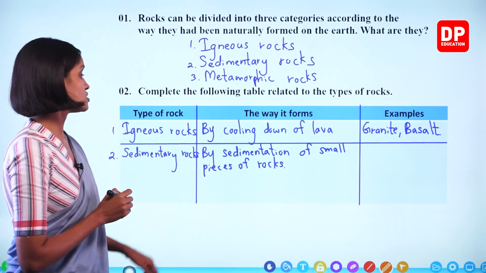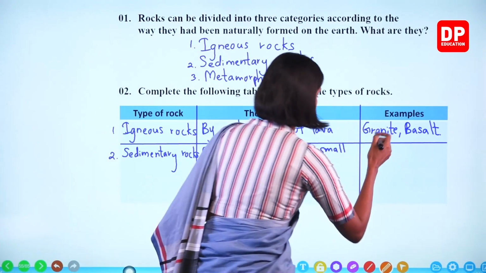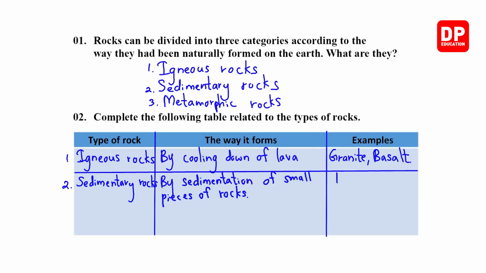Right, by sedimentation of small pieces of rocks, we'll write examples. We learn many. We'll write 2. Limestone, mudstone.